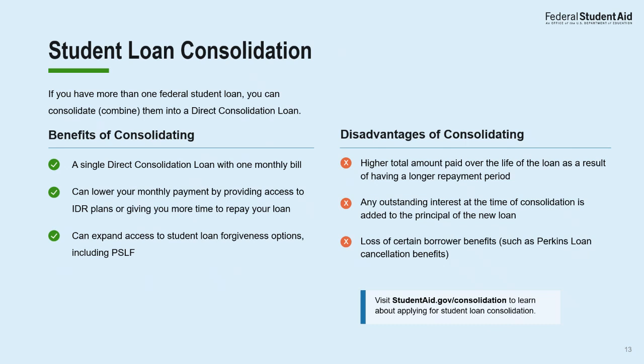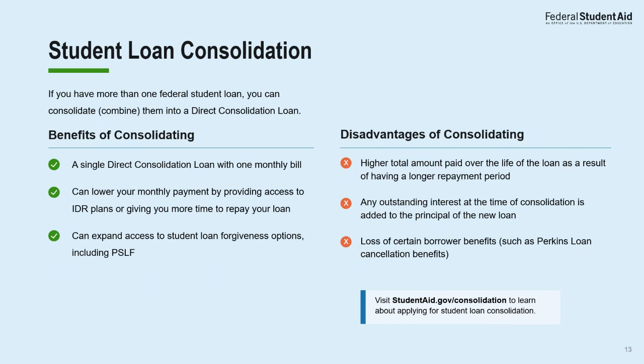This means that you'll get one monthly bill. This also means that it can lower your monthly payment and it's giving you also more time to repay your loan as well. It will also grant you the ability to be eligible for forgiveness options such as PSLF. Now, there are some disadvantages, so we want to be upfront with those and talk about them here.